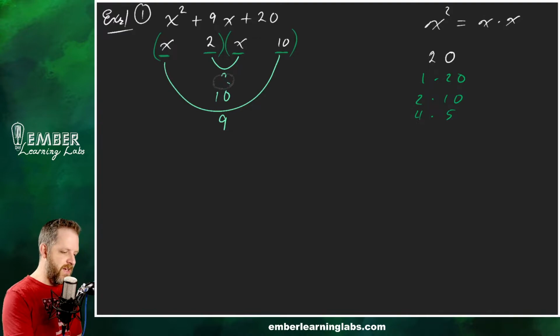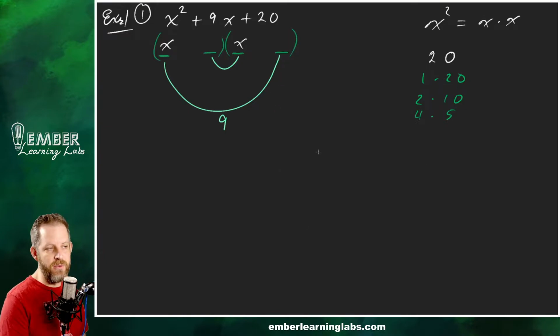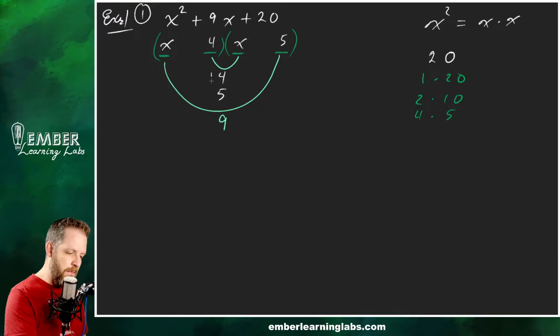So we're going to erase it, and we're going to try one of the other factors. Now, if you're following along and paying attention, you might already recognize that if we put a 4 here and a 5 here, then 4 times 1 is 4, and 1 times 5 is 5, and positive 4 plus 5 equals 9.